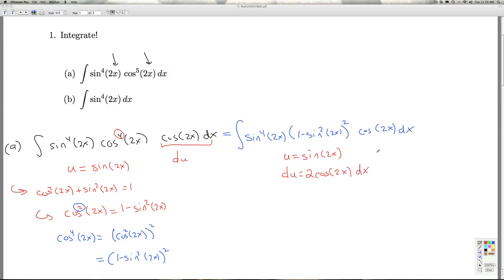Alright, so as usual, I can put the 2 in by putting a 1/2 out front. And now in the land of u, I've got 1/2 integral u to the fourth 1 minus u squared squared du.